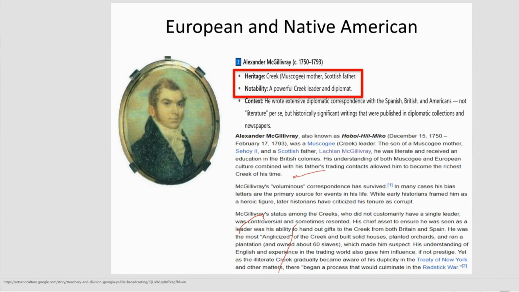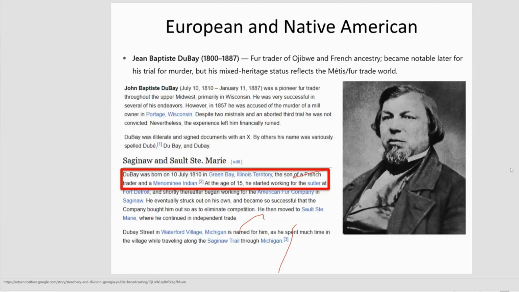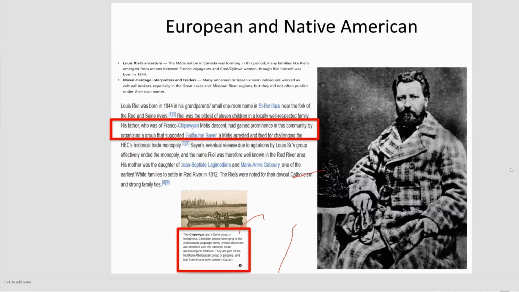So it's important for us to be able to know those kinds of things, and what he was doing and what his role was and how life was for him amongst them, so that we can figure out where's our people. So all of this is about, for me, where's my people? Where are the people? And so this is just showing you different people that I had talked about last week that were European of Native American origin.